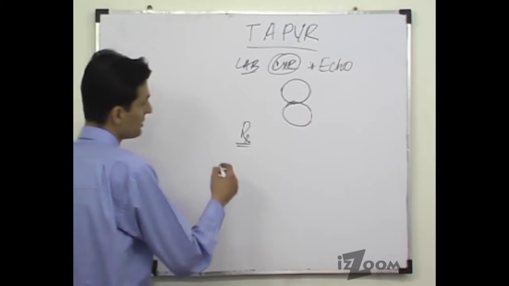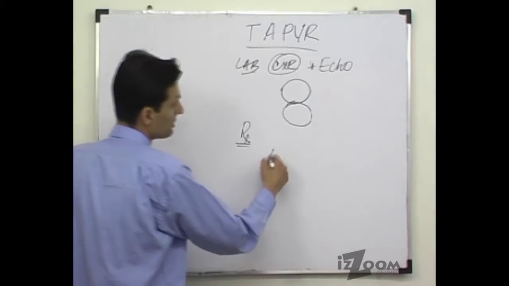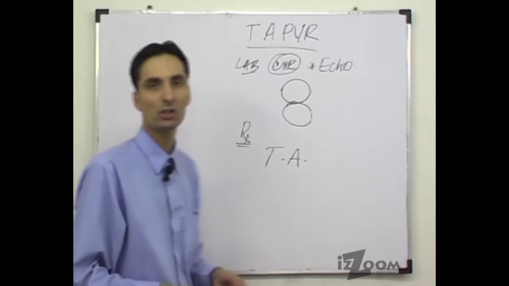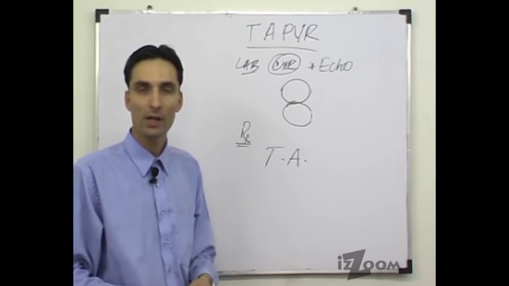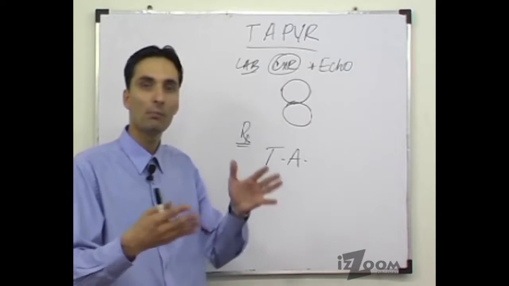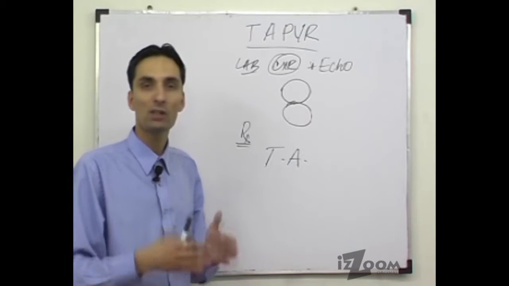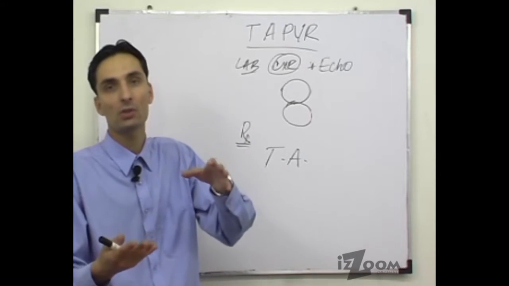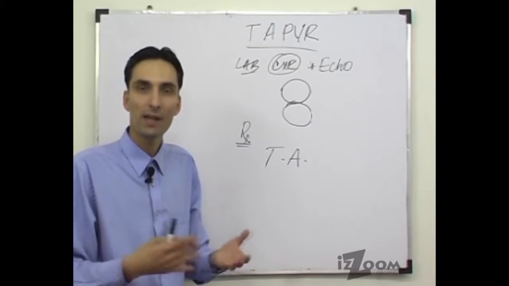So after this, I'm going to be talking about Truncus Arteriosus. Truncus Arteriosus is a congenital cardiac abnormality in which the pulmonary artery and the aorta are not divided into two. They exist in the form of a single blood vessel arising from the right and left ventricle.